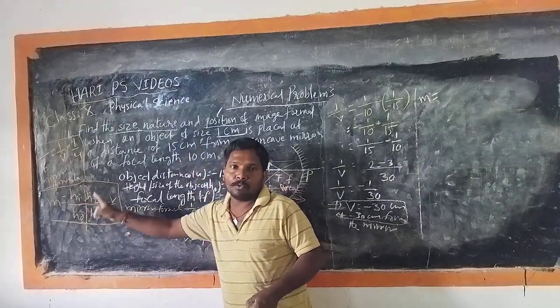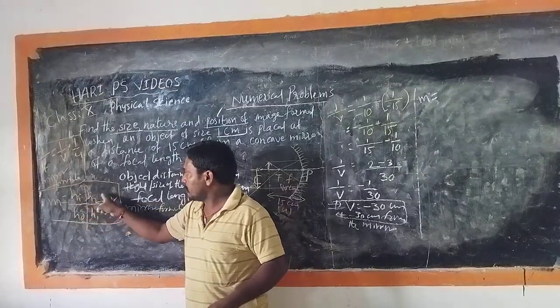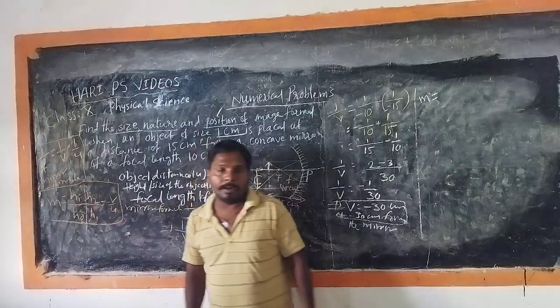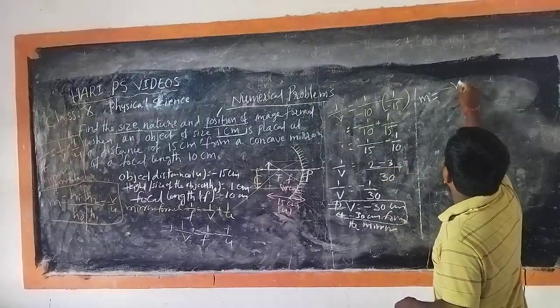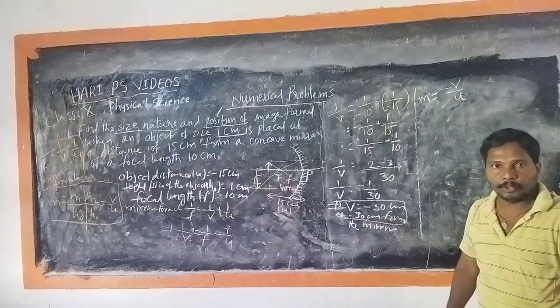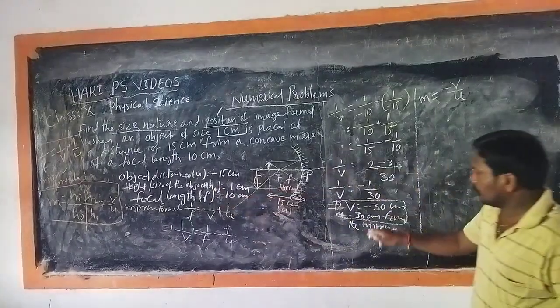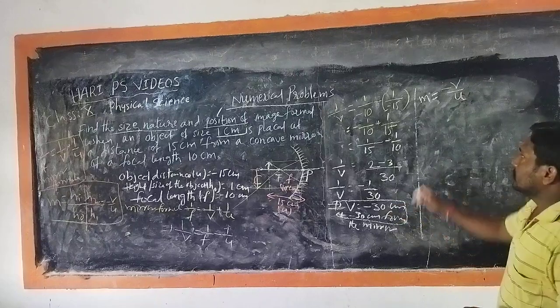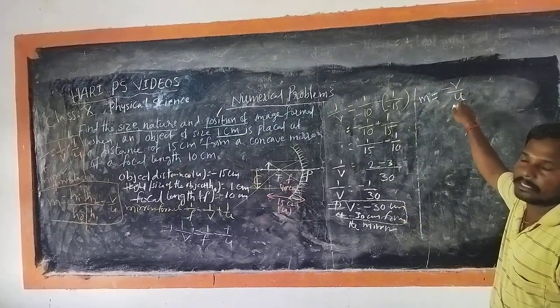Here we have only the height of the object, so we use minus v by u. We know the object distance and we know the image distance, the ratio of the image distance to the object distance.